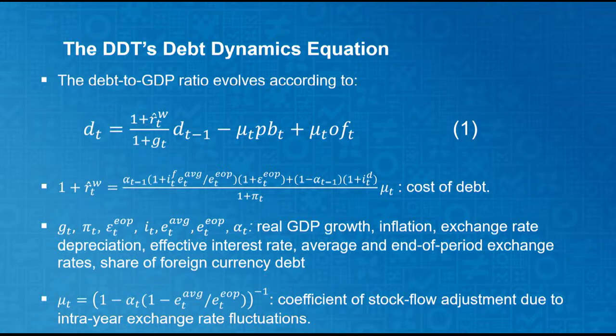It also grows based on the other flows, which typically can be reflected as the change in financial assets, and decreases with the primary balance and with the real GDP growth rate.